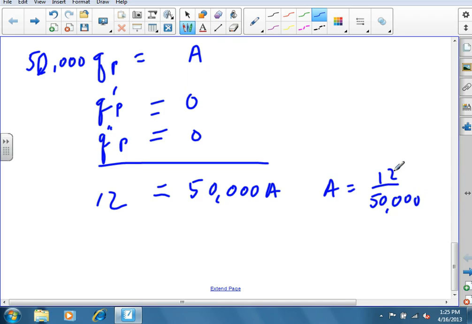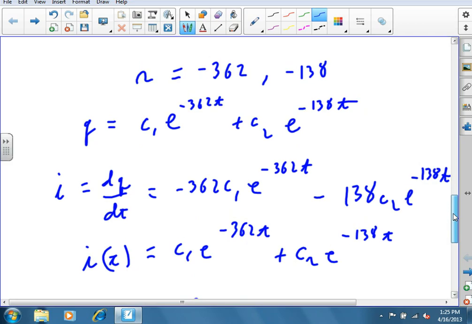But 12 over 50,000 is just a number, and so it's going to be plus 12 over 50,000. But when I take the derivative of Q, that becomes 0, and I end up having the right answer, so the author was correct.